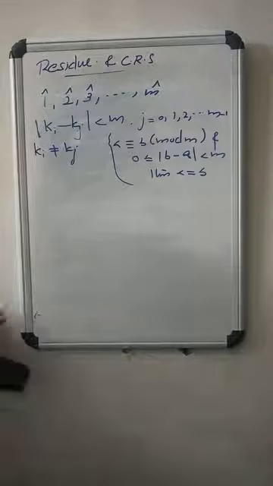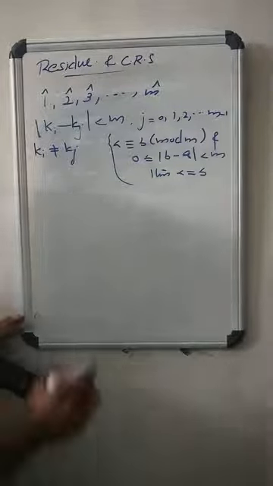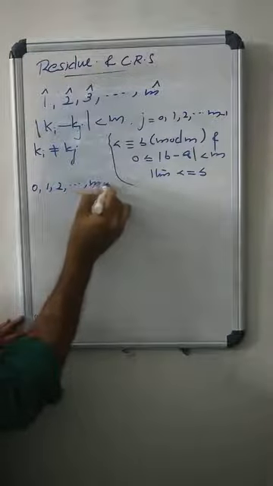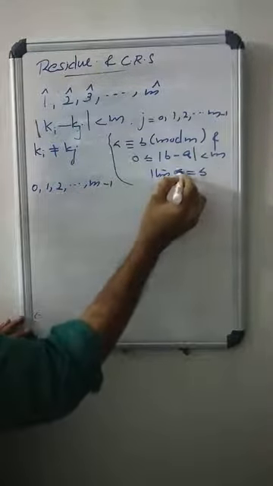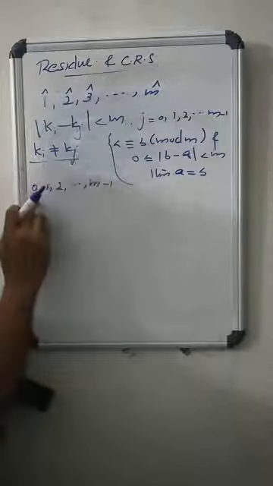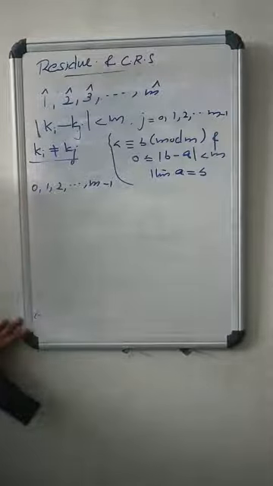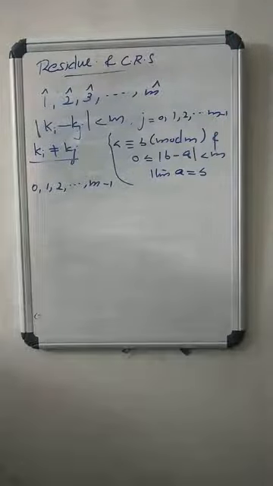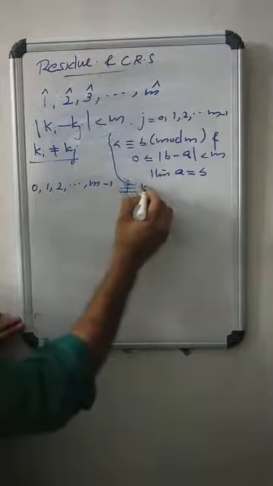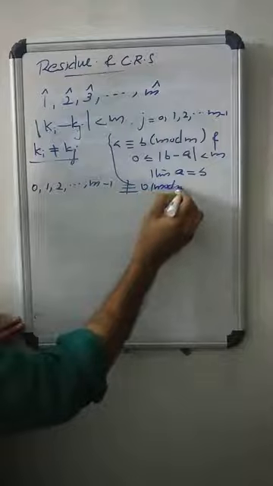By using that argument, for 0, 1, 2, etc., m minus 1, a equals b. When a equals b, a is congruent to b mod m. Since ka differs from kj, for j equals 0 to m minus 1, then 0, 1, 2, etc., m minus 1 are incongruent to each other mod m according to this argument.